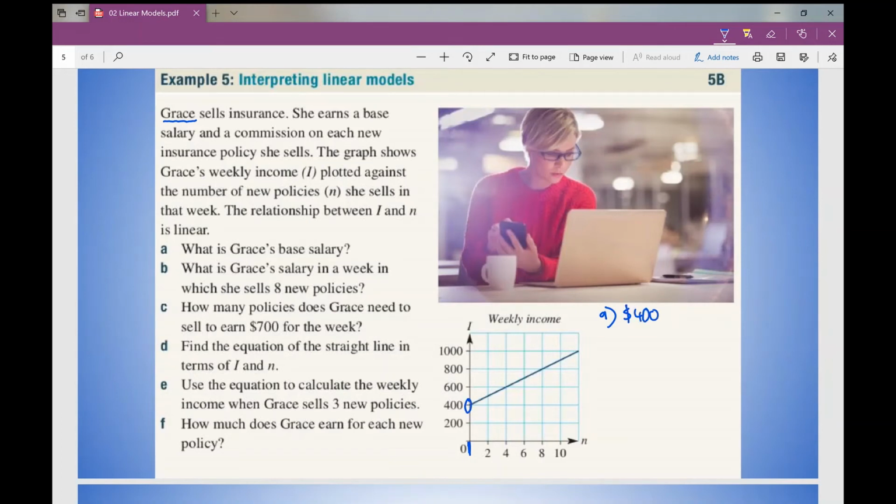Now, Part B, what is her salary in a week where she sells 8 new policies? So what we do is we find 8 policies here on the graph. We go up, and then we go across to find her income. And it looks like it comes to $800.